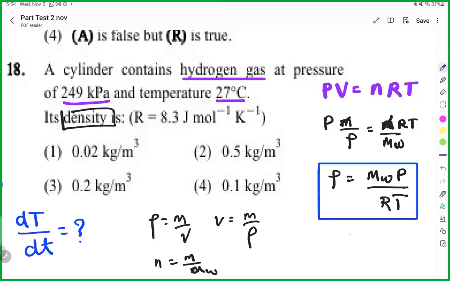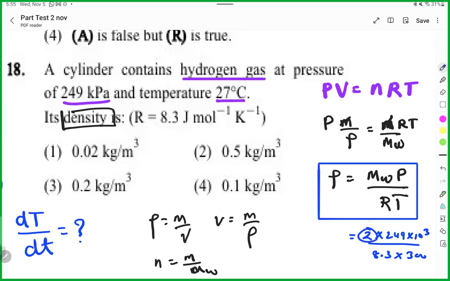Molar mass 2, pressure 249 K, 10 to the power 3, divided by R value 8.3, and temperature 300. Correct? You'll get the answer. What should be the mass value?